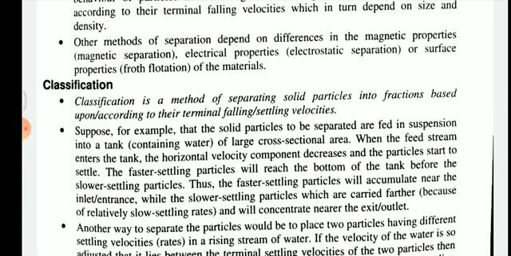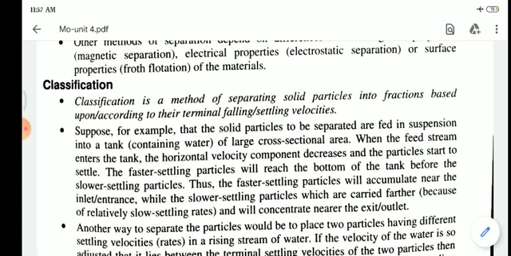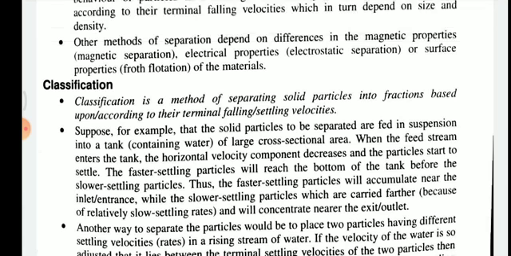Settling velocity is when the material settles due to its velocity. So these are the definitions of classification.